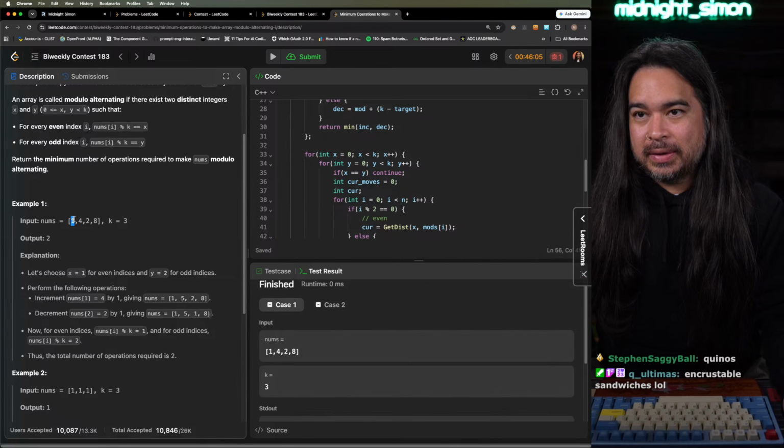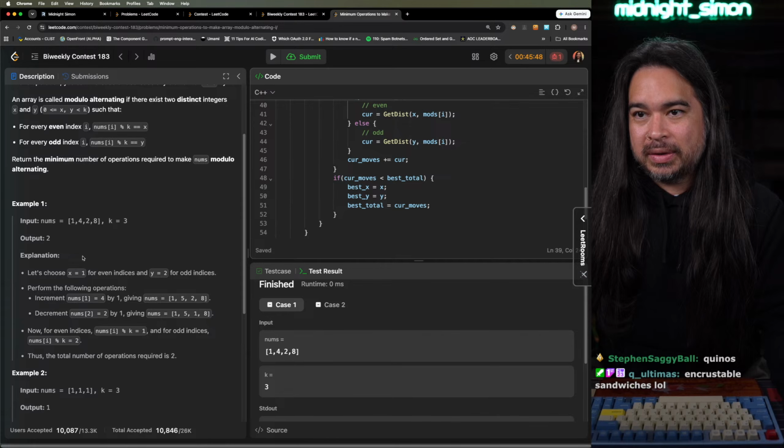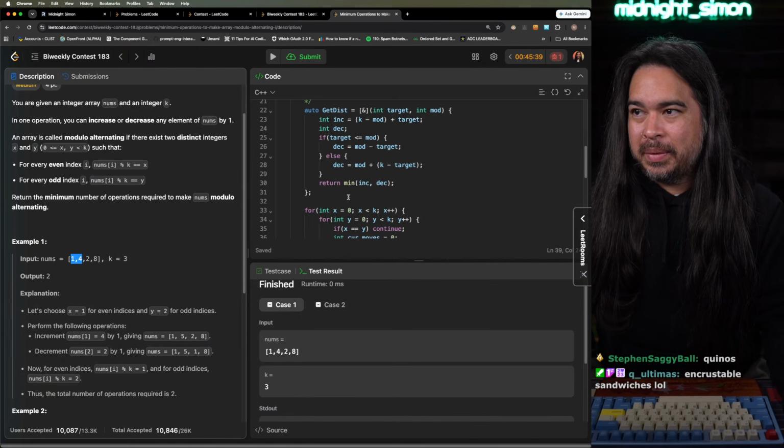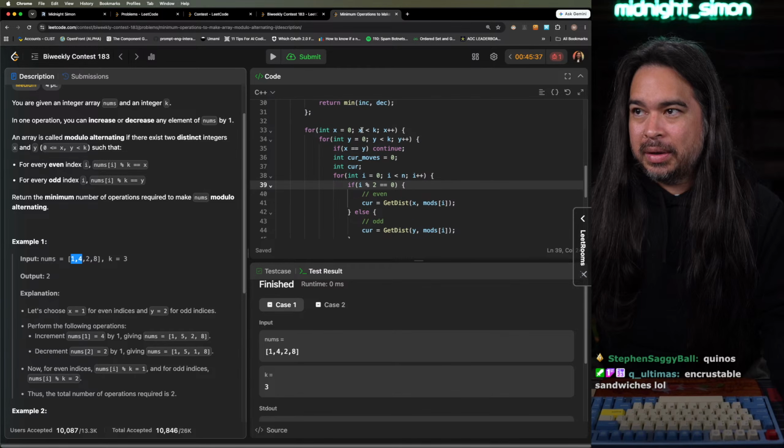So that's 0. Alright, that's 1 move. That's 1. Alright, that's 2. And then the next one is 1. Oh, that's another move right there. So 0 and 1 is not the best. They say the best is actually 1 and 2. Does it even try? Should try 1 and 2.